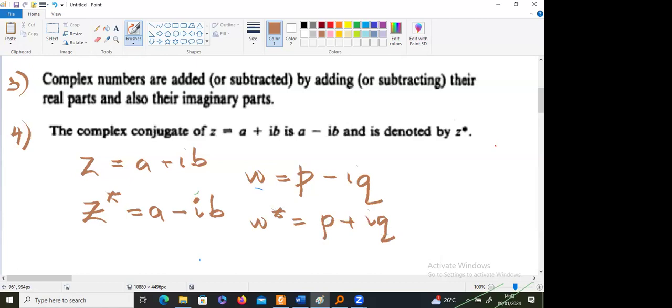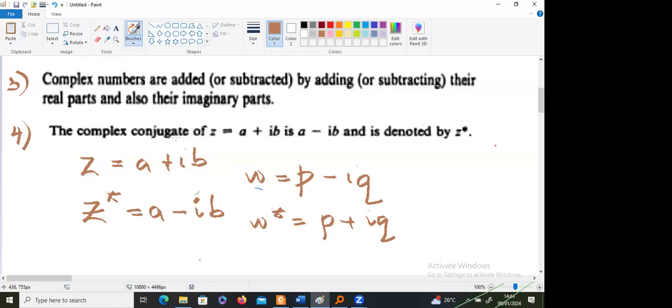If the plus is the number, the conjugate is the minus. If the minus is the complex number, then the conjugate is the plus. And so we can comfortably call them conjugates because they are complex conjugates of each other. Okay? So that gives us the conjugate.